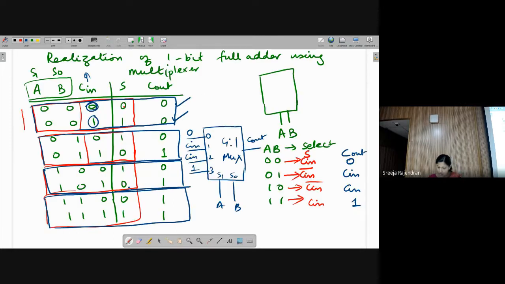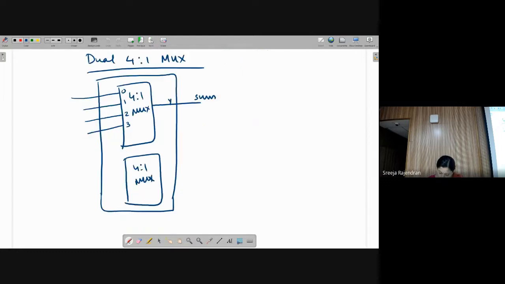If I see, it is C in, then the next two are C in bar, and then the last one is again C in. So this is C in, this goes to 2. So the last one also, it is C in. I invert this, I can apply it to this, it becomes C in bar. It goes to these two. Okay. Yes or no? Okay.